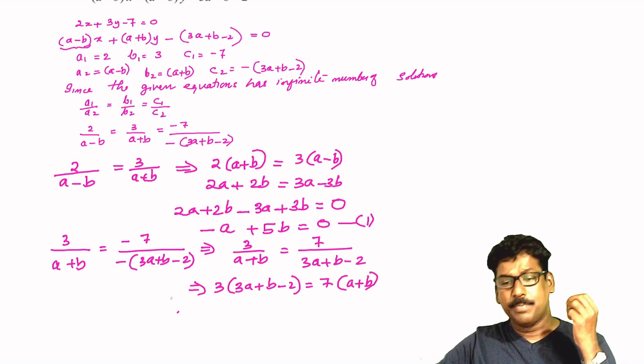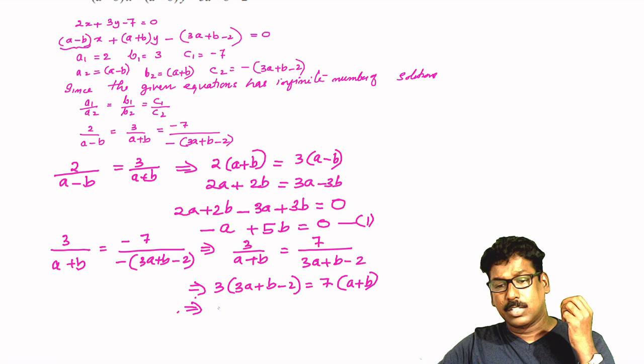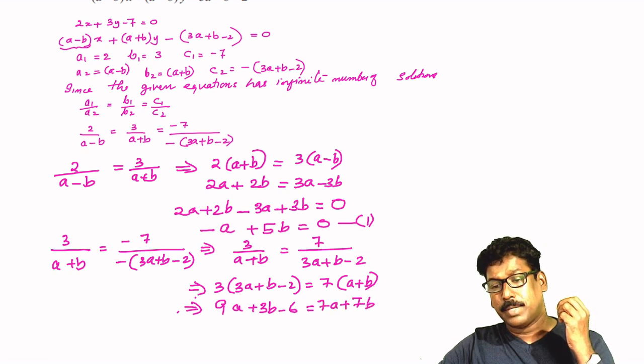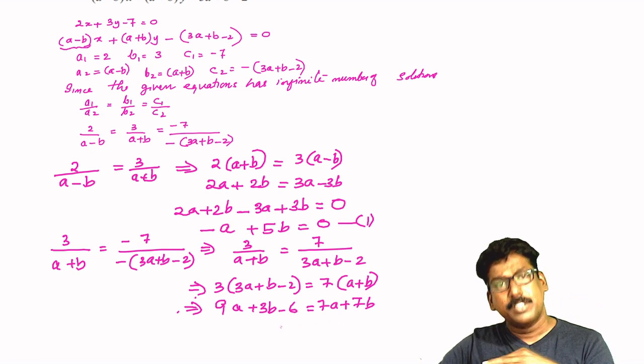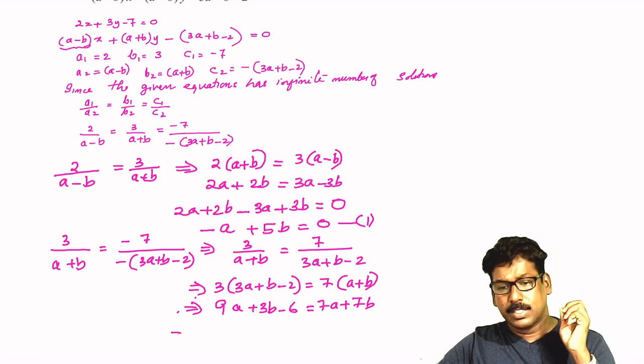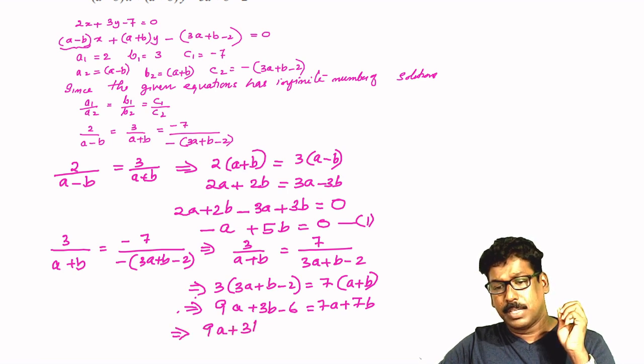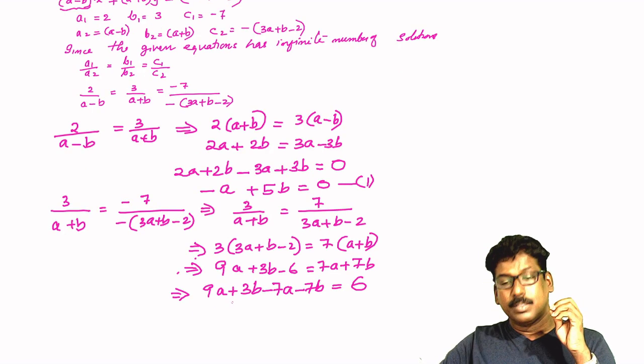Do simplify, you get 9a plus 3b minus 6 is equal to 7a plus 7b. Now take a and b to one side and the constant to the other side. That is, you can write 9a plus 3b minus 7a minus 7b is equal to minus 6, while transposing it will be plus 6.